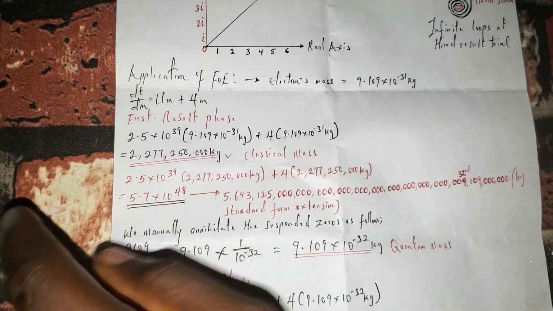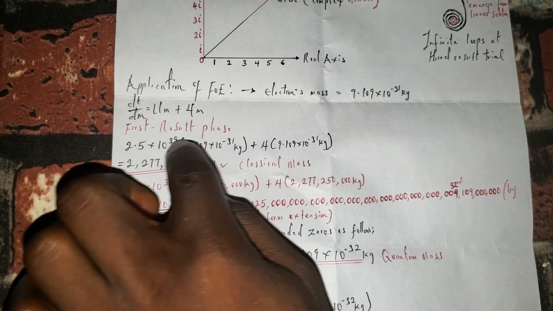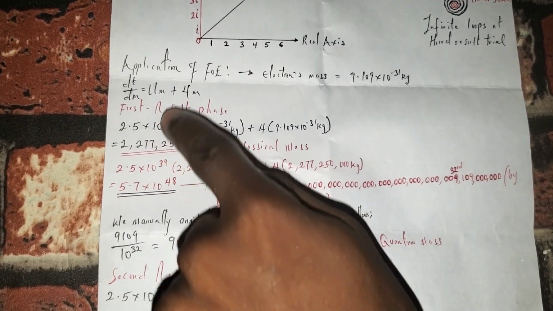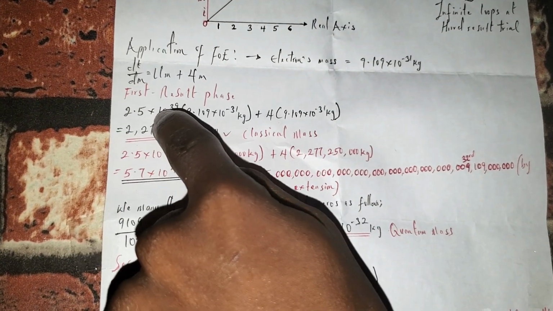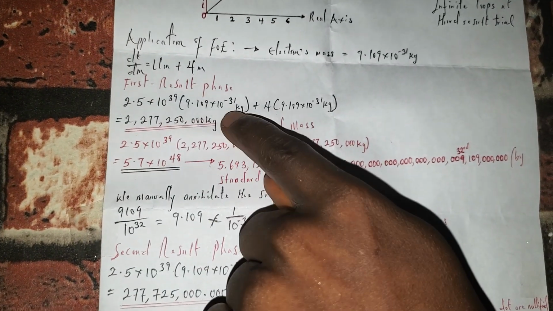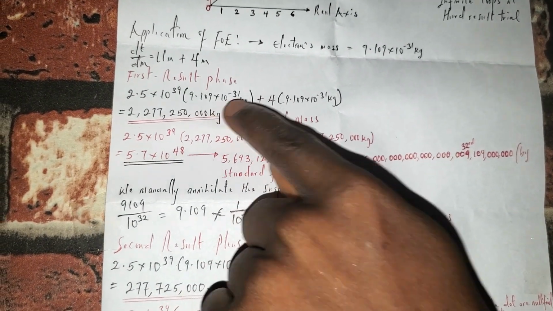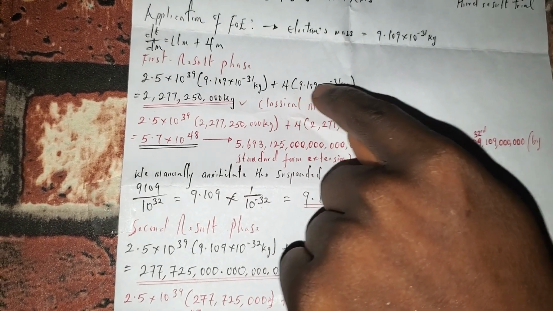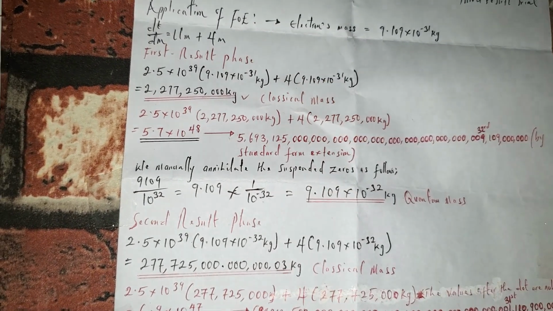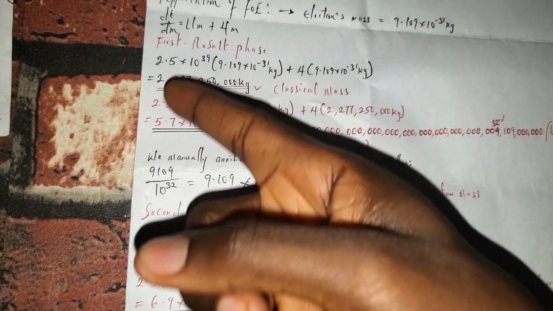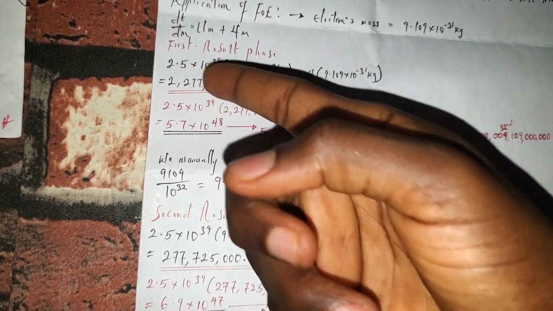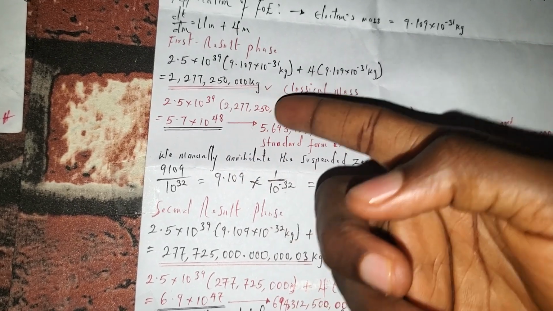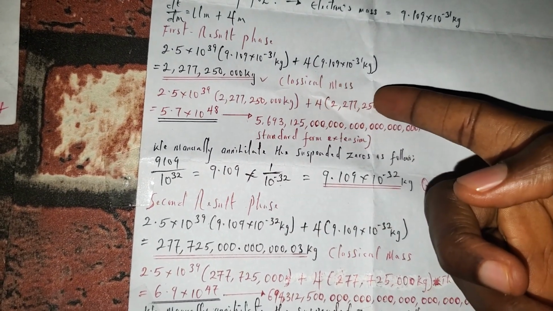This is the constant speed of the universe, which is this capital U. We have that here. The M is going to be electron's mass, and then plus 4. We multiply that with the electron's mass, and that will give us this particular value. So this value that we have is 2,277,250,000 kilograms. That is the classical mass.